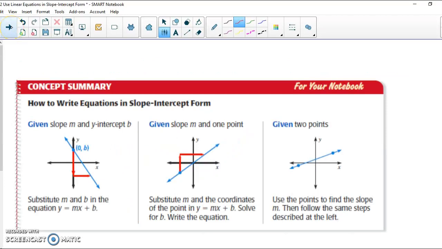So just to recap, when we are given the slope and the y-intercept, we are just going to substitute those values right into the equation. Sometimes we may be given that information through a graph. So we need to be able to look at a graph and identify the y-intercept and then count out the slope to get from the y-intercept to the next point on the line.